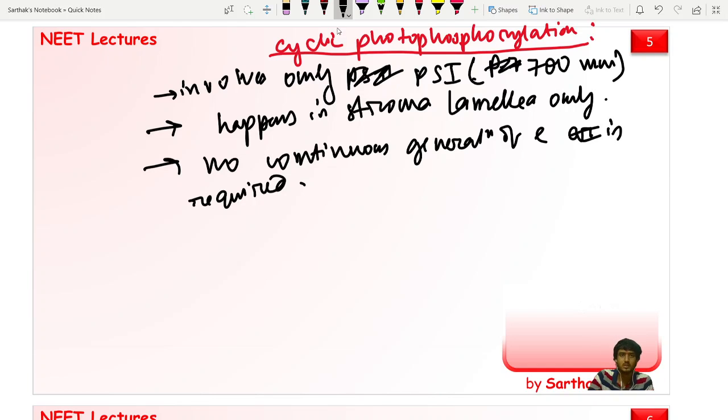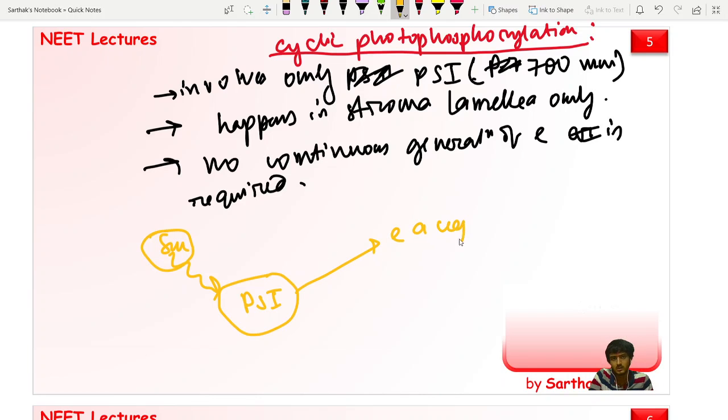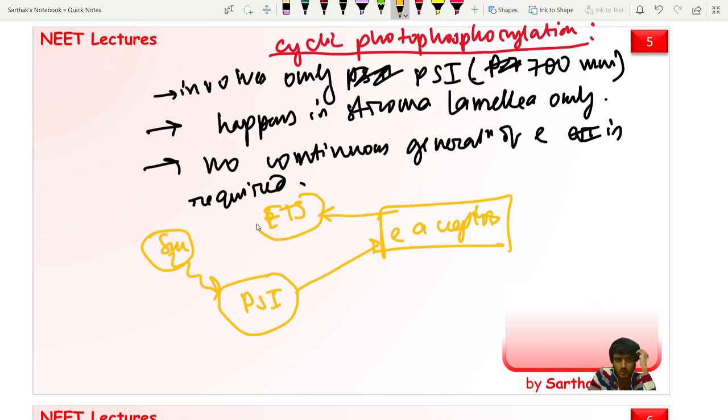So basically what happens, I am telling you in short: the sun emits its wavelength to photosystem 1, and photosystem 1 pumps its electron to the electron acceptor, which is at a higher redox potential than photosystem 1. I have talked about it previously. This electron acceptor pumps the electron to the electron transport system, or chain, whatever you may call it, and this ETS then pumps the electron back to photosystem 1.